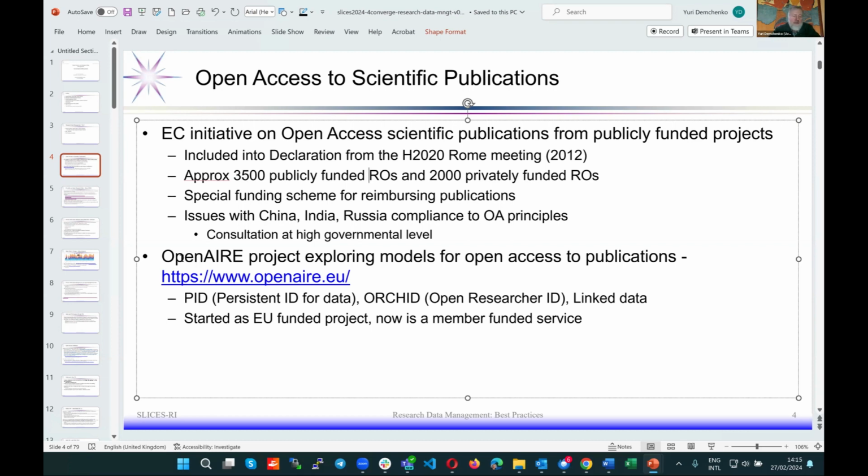And one of the first moving forces behind open access was the OpenAIRE project. I actually don't know the full name of the project, but since that time, after say two extensions of the project, after six years from the beginning, they started an operational service.